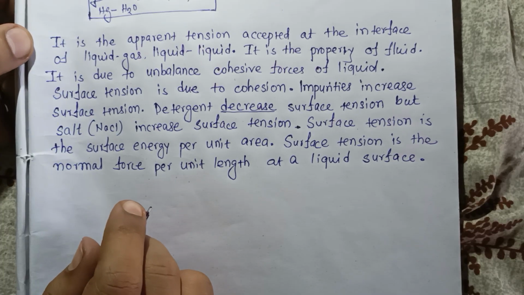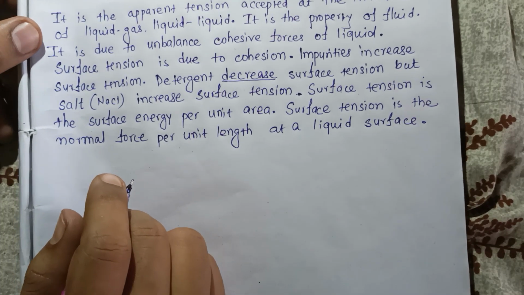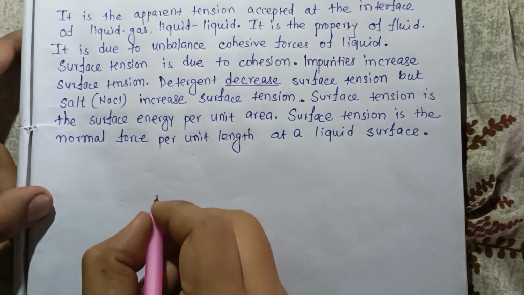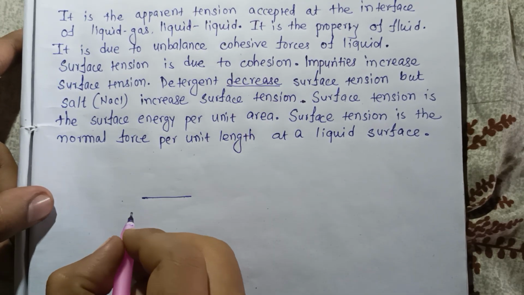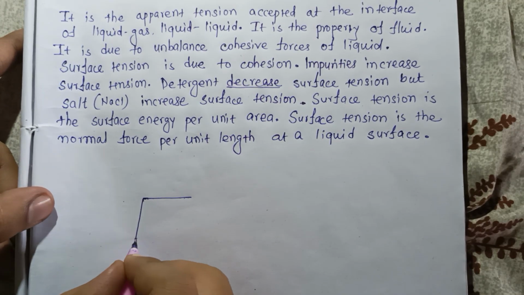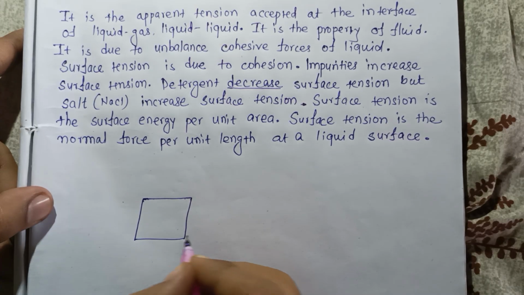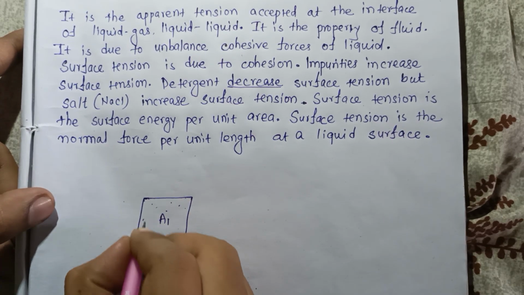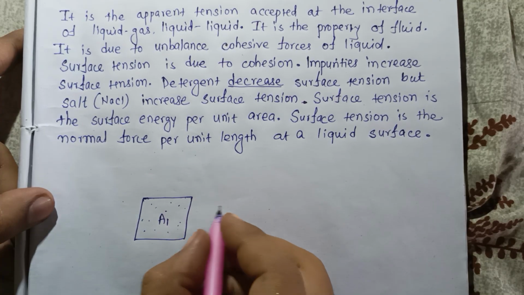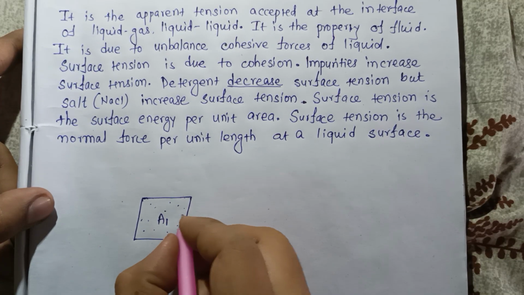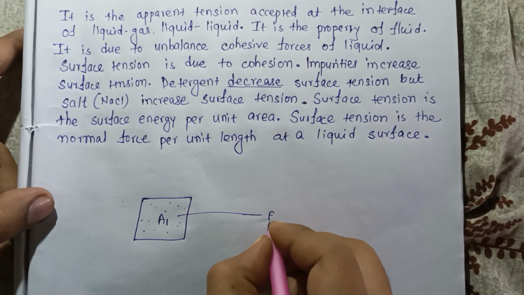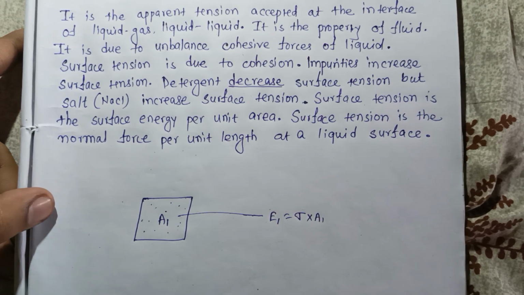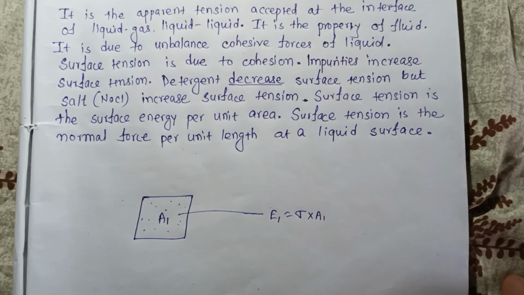So how? Consider this is an area, A1. For area A1 the surface energy is E1, equal to sigma into A1, where sigma is the surface tension.